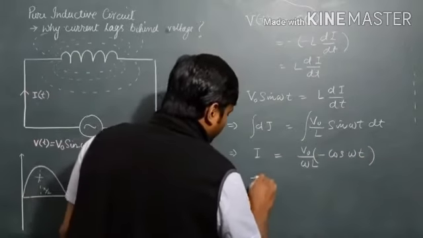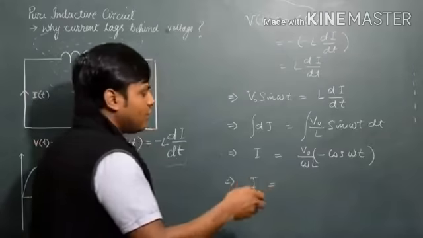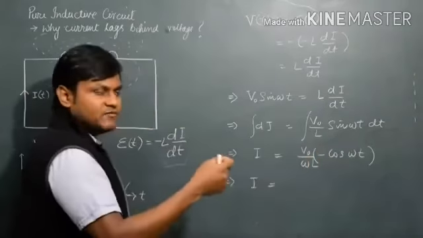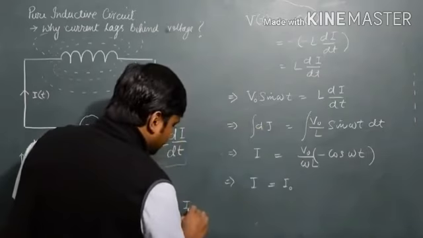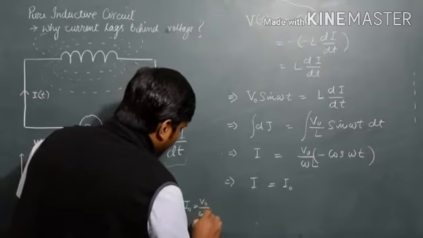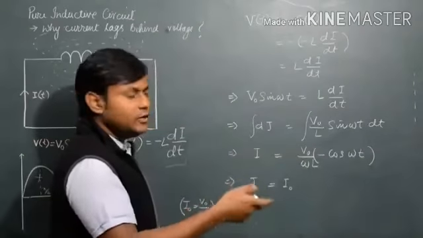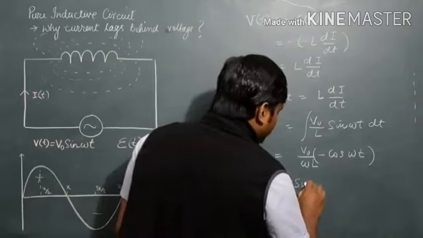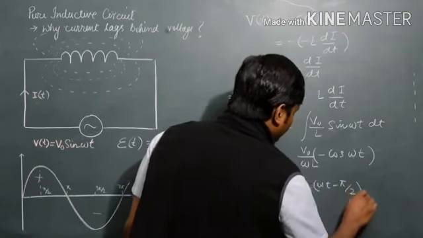Writing V naught by omega L as a constant, because V naught is the maximum voltage, let's call it I naught. So I naught is nothing but V naught by omega L, and minus cos omega t can simply be converted to a sine function: sine of omega t minus pi by 2.